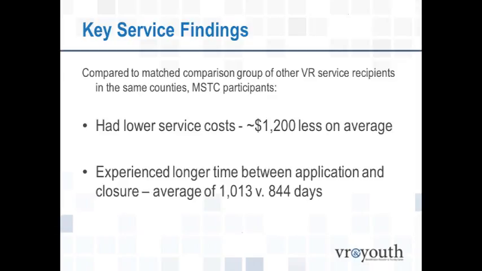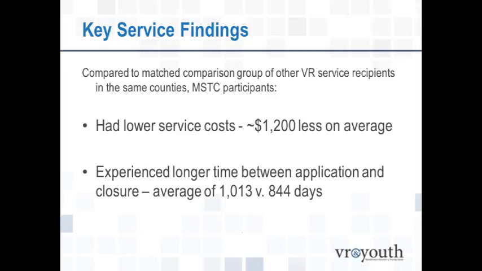And then this is kind of the converse of developing the IPE early. For MSTC students, there was a longer time between application and closure. In fact, there was almost a 200-day difference in that.